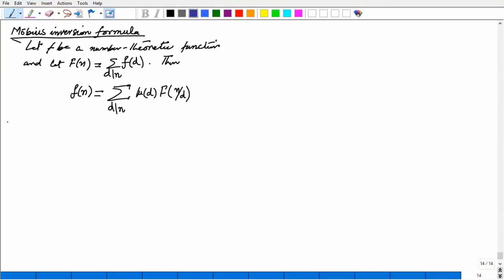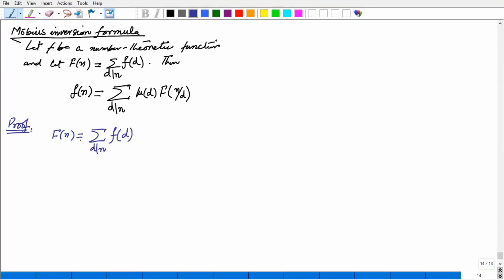Now move to the proof of this result. It's given here that F(n) equals the sum over the divisors d of n of f(d).